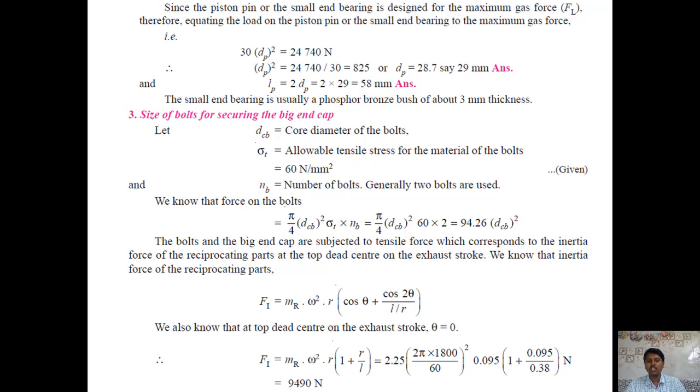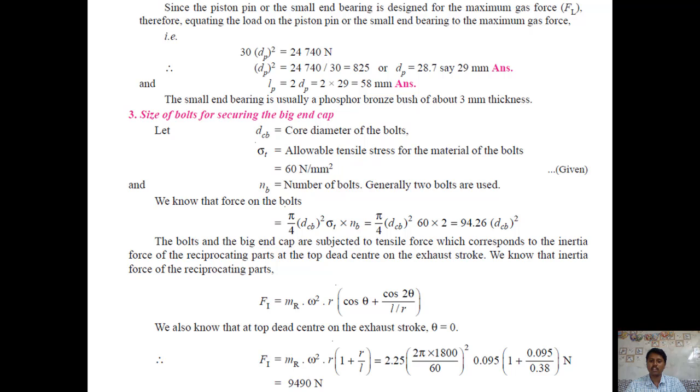Now calculate the inertial force due to the reciprocating parts, that is m into a, mass into acceleration. This acceleration we know from the basics. The acceleration of the connecting rod is omega square r into cos theta plus cos 2 theta by L by R. The maximum load transferred through the piston on the connecting rod is when theta equal to 0 or when it is equal to 180 degrees.